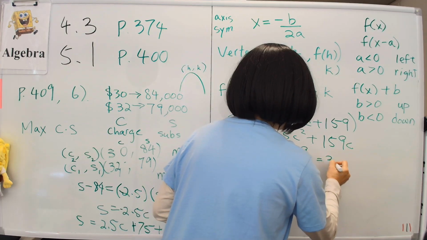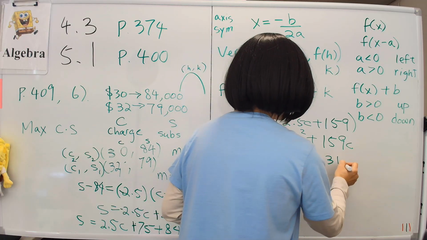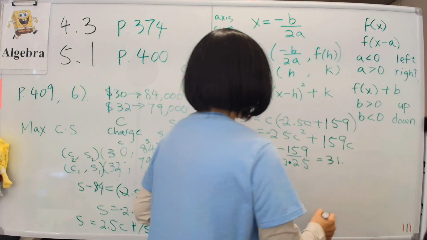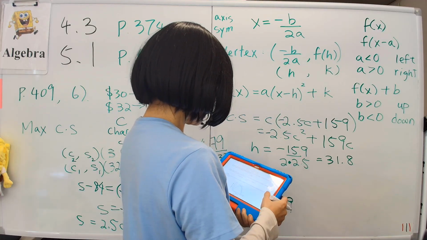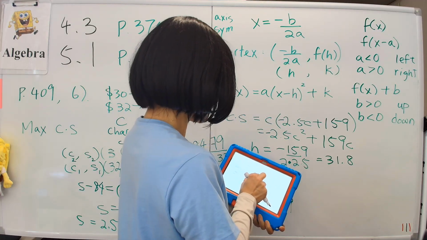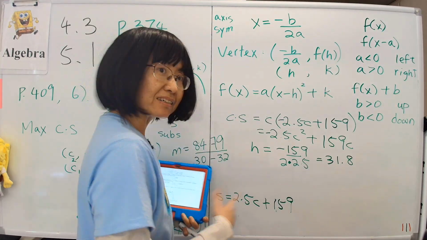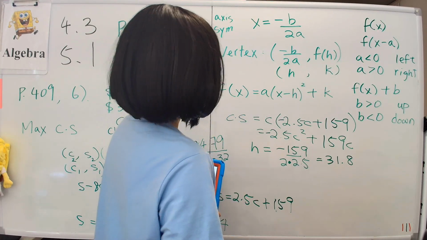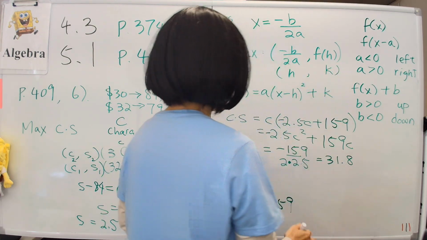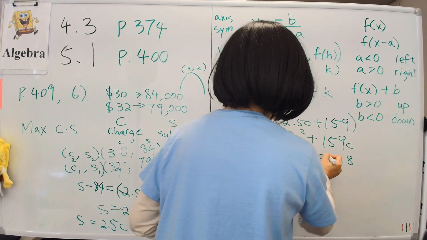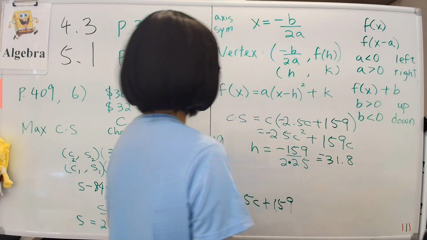That's 31.8, right? Yep, it is. See, your book says the same thing. H equals 31.8. All right, so that's good. So that's H. What are we looking for? The maximum profit. So we need to figure out what K is, and better not forget this negative sign, right? So H is equal to, minus 31.8.